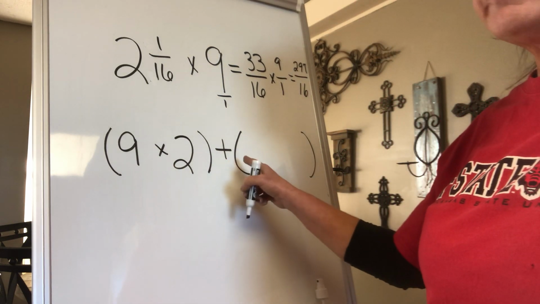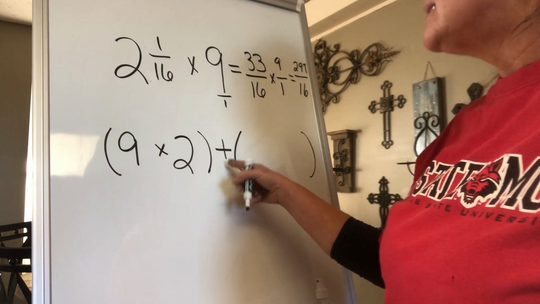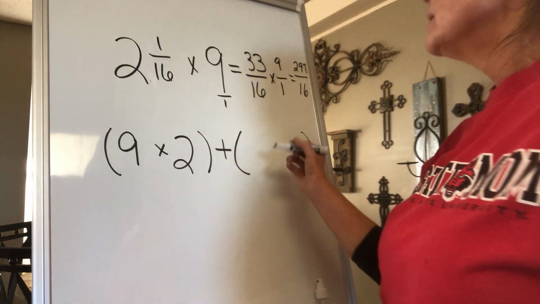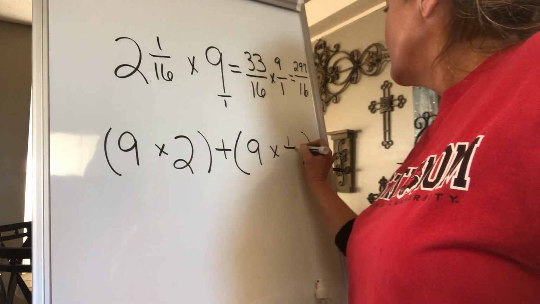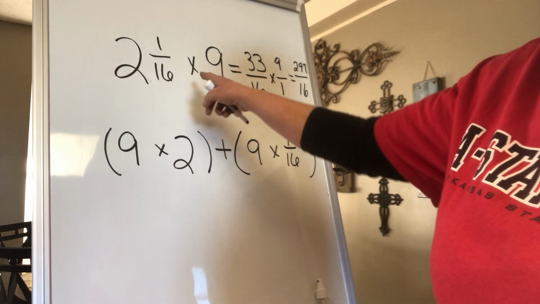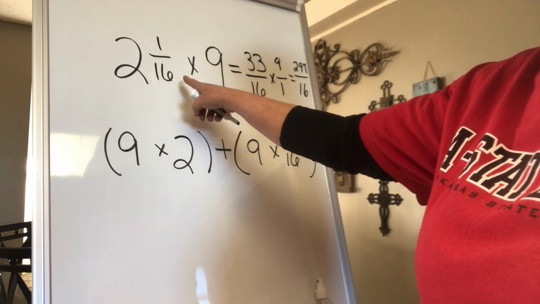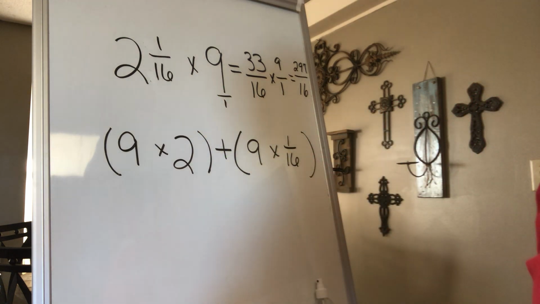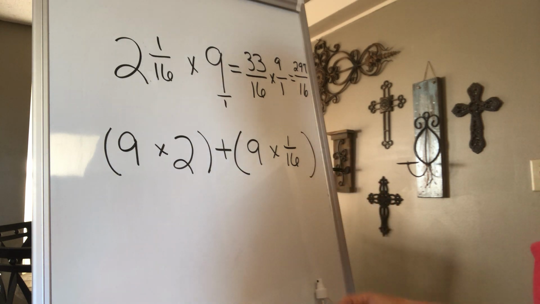And, because we've talked about the plus sign, plus means and in math, it's being multiplied times the 1/16. So we have our 9 being multiplied times 2, and 9 being multiplied times 1/16. And then we can see what comes out of there and add them together.